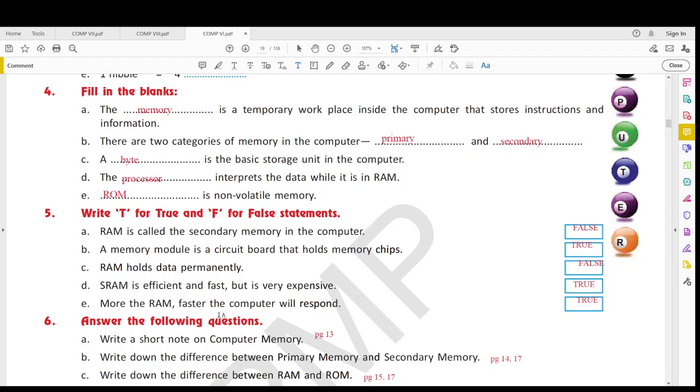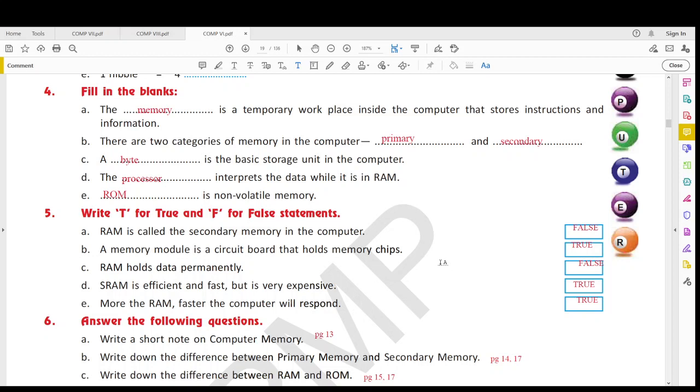So, keeping in the workspace, you can do the work. Your work will be faster. You don't have to go and bring the data you require. You don't have to fetch the data every time from a storage device. So the working of the processor will be faster. So more the RAM, faster the computer will respond. It's true. Done.